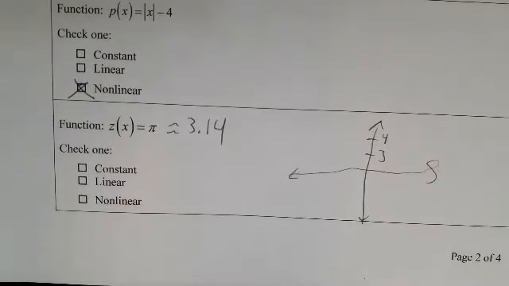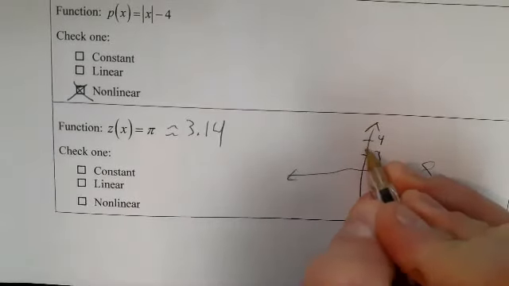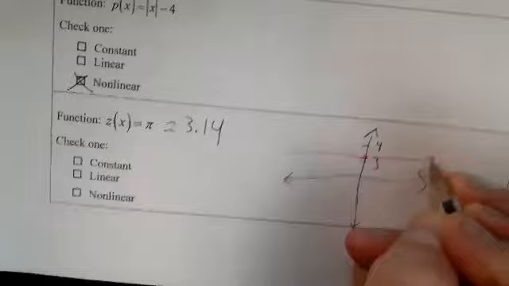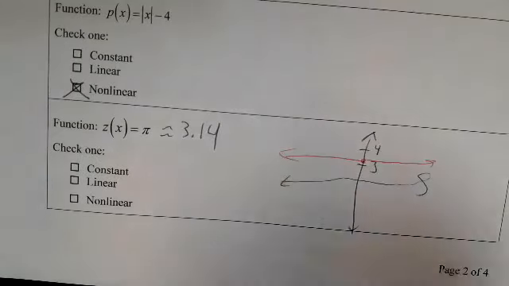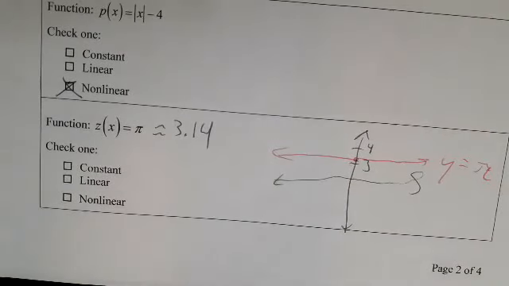And I'm drawing a really horrible graph, work with it. So what does this graph look like? It looks like y equals pi, and I know it's a weird number, but pi is still just a number. It is an irrational number, but it is still just a number. So what we want to do is put a line like that. And so y equals pi.